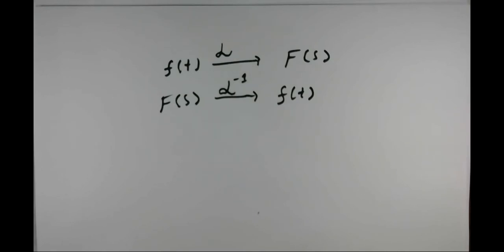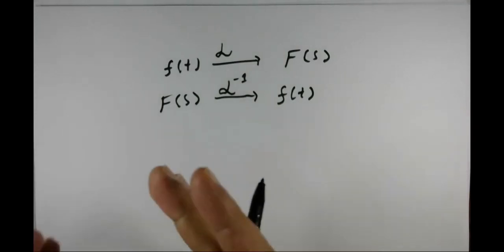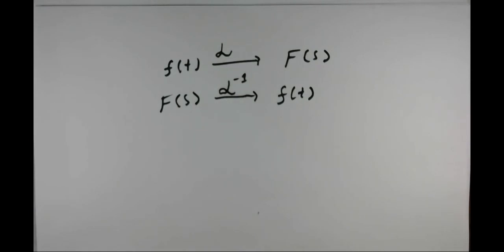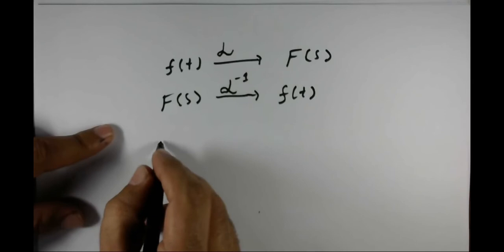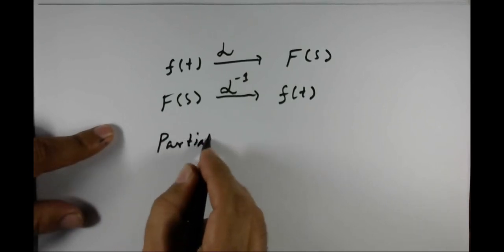Complicated in the sense that you cannot transform f of s directly into f of t. You just need to split it into different components. I'll show you how you will split those components. For that splitting you must remember the concept of partial fraction.